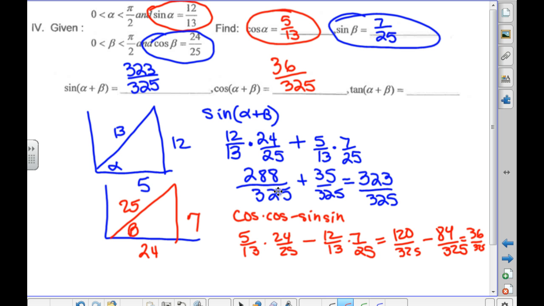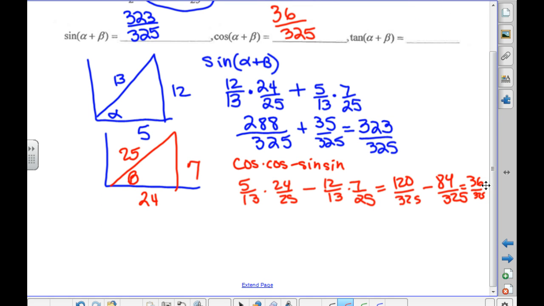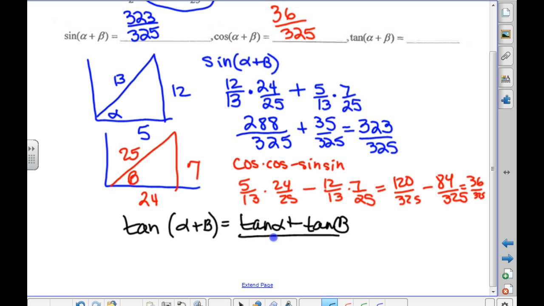Okay. Now, I'm going to have you put your pencil down. I have a pen. Your pen. Okay? Because you don't want to write this down, because you're going to discover a brilliant concept. Okay? The tan, guys, please. Tan of alpha plus beta is tan alpha plus tan beta all over 1 minus tan times tan.